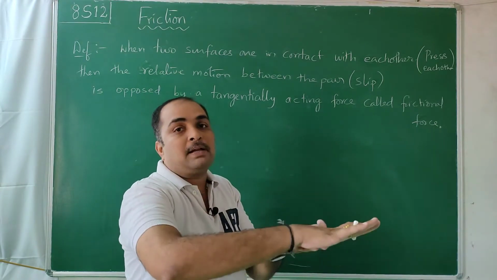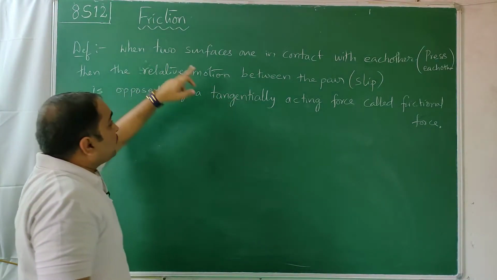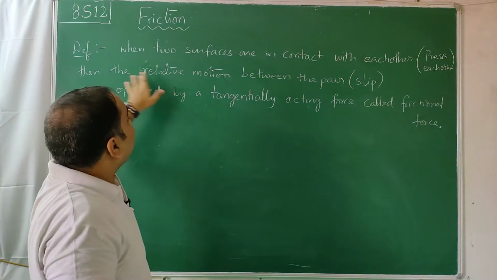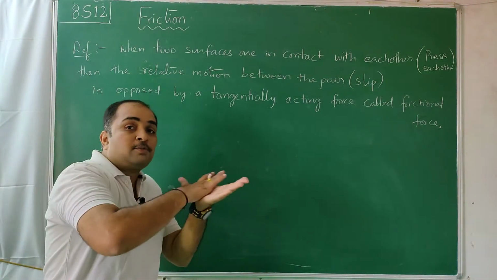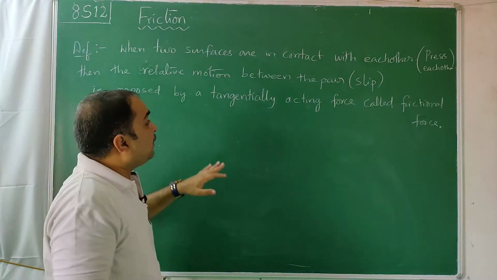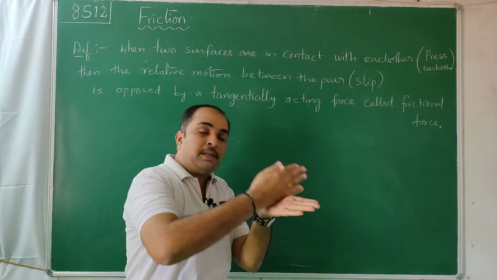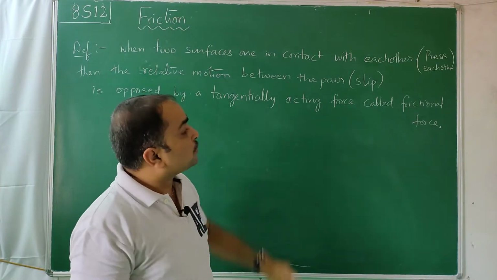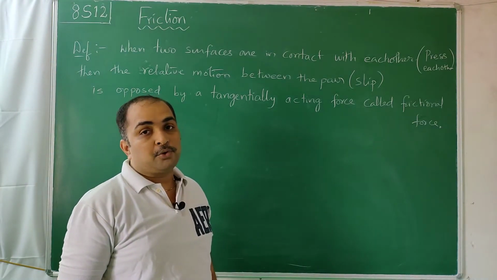Press and slip. So when two surfaces are in contact with each other, each pressing one another, the relative motion between the pair, the slippage between the pair, is opposed by a force acting tangentially, not normally. This is called normal, this is called tangential. Tangentially acting force is called frictional force.